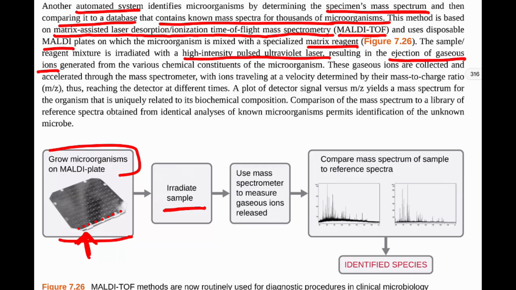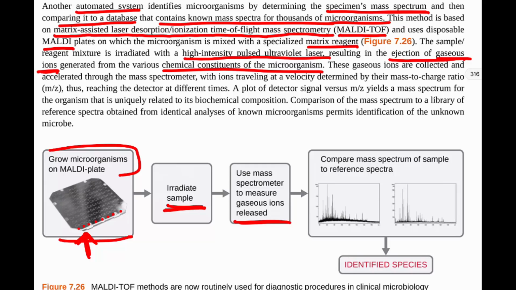When they use this irradiation, depending on the chemical composition, what is in the wells, and the reactions that happened, they're going to get different types of gaseous ions coming off of each one of these little areas. And then these different chemical constituents of the microorganism are measured using a mass spectrometer.